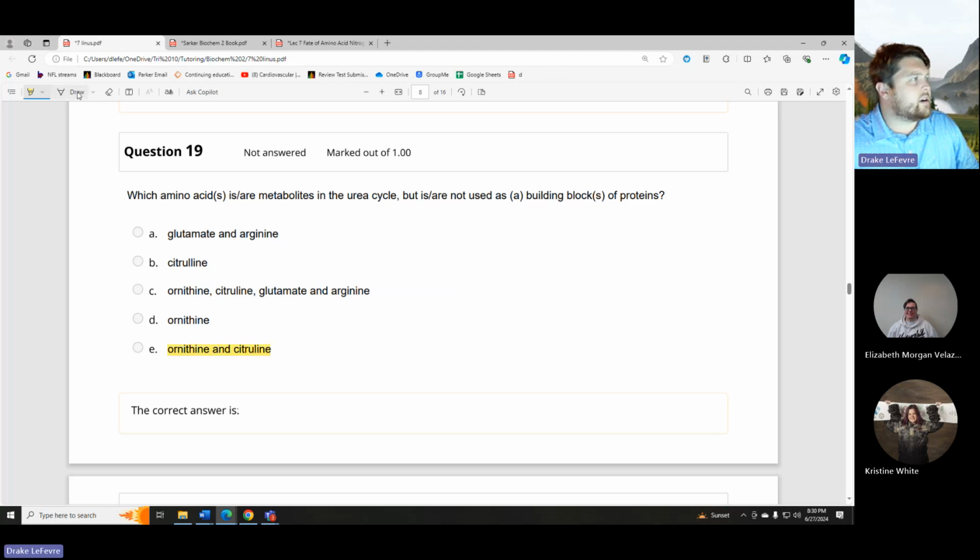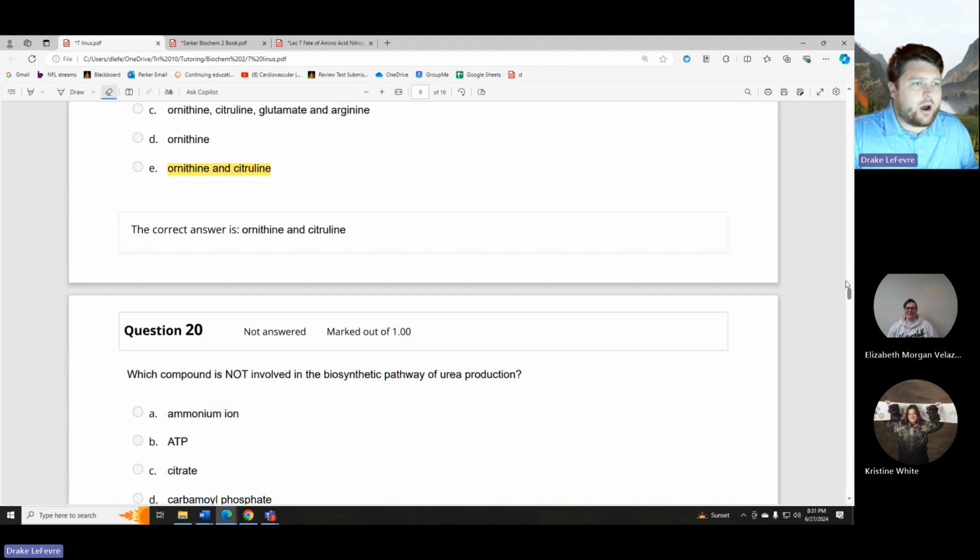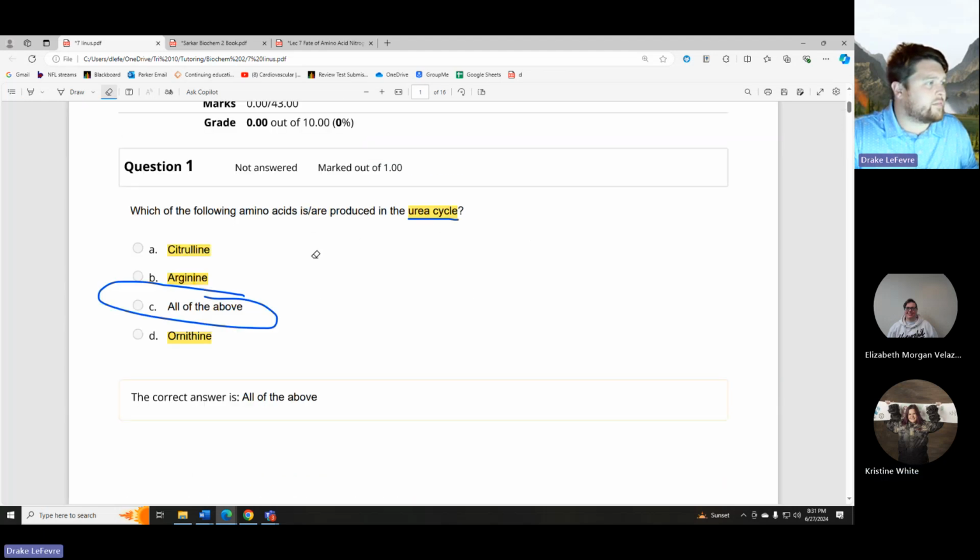So these are both considered amino acids because they have the same chemical structure, having the R group, the carboxyl group, and then the amino group. But because they're not used to actually build the proteins, these are just used within the urea cycle. That's why our very first question was all of the above, because these guys count as amino acids.